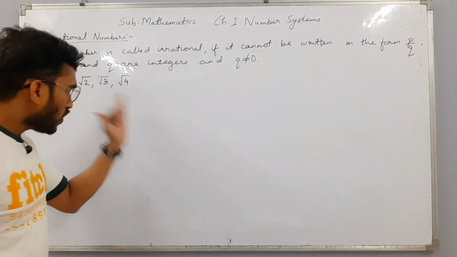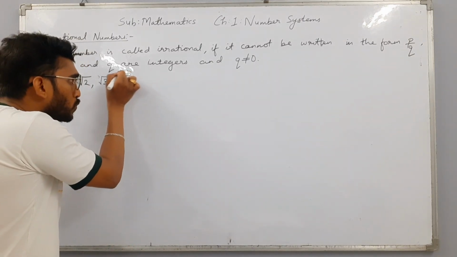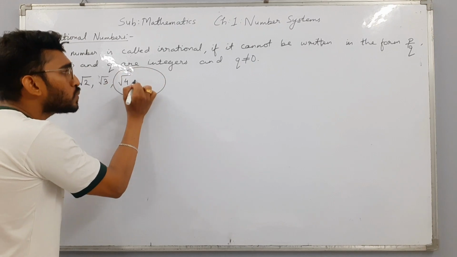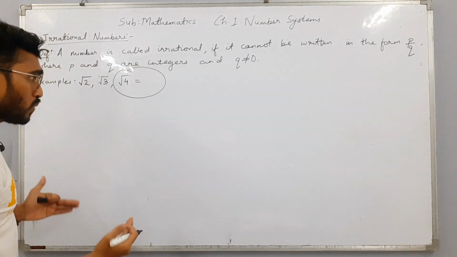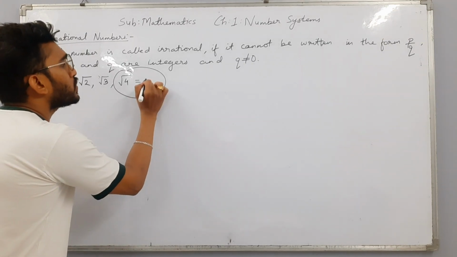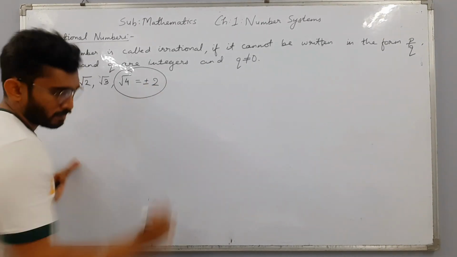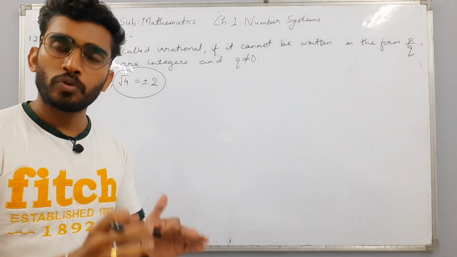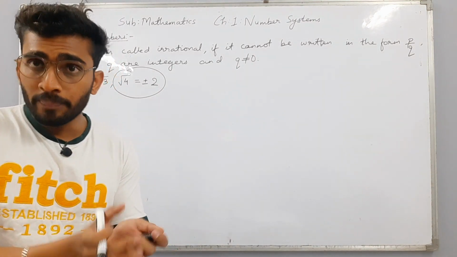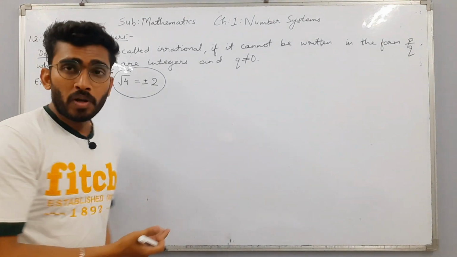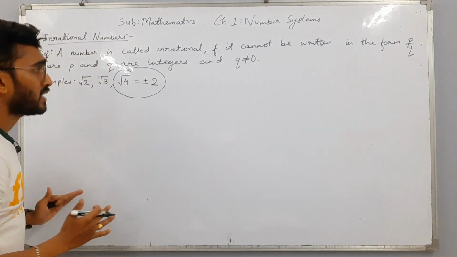Why? Because 4 is a perfect square, so root 4 will change to plus or minus 2. So no, it is not an irrational number.